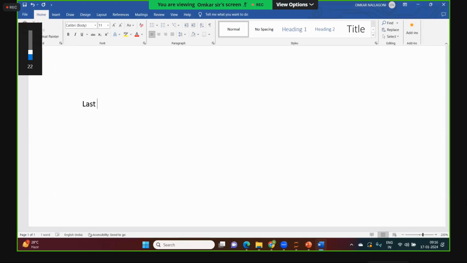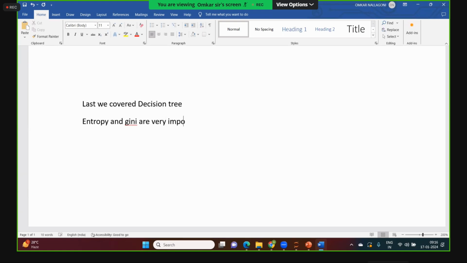So last class we covered decision tree. In the decision tree, there are the entropy concept and Gini index. Gini is very important. In decision tree models, we have the ID3, C4.5 and CART algorithms.